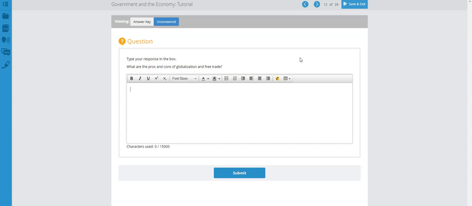If you are still unsure, you can research it online. Just make sure that you are using your own words to answer the question. You should give us a good paragraph here that will explain the concept of globalization and free trade. In this case, the pros and the cons, the good and the bad of both concepts.